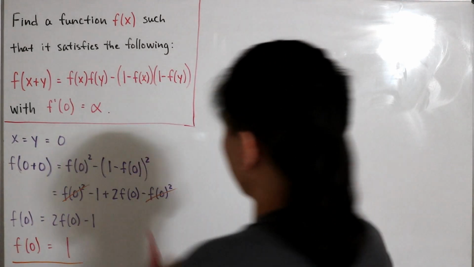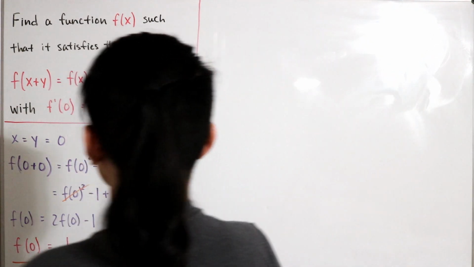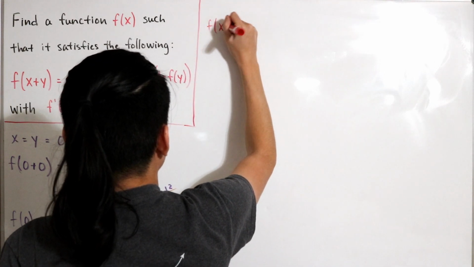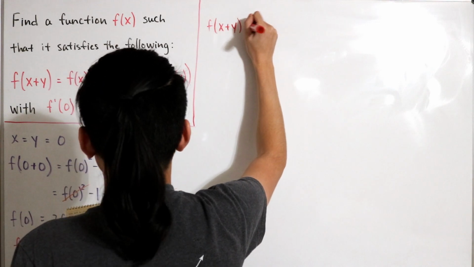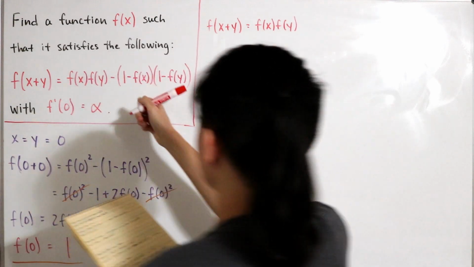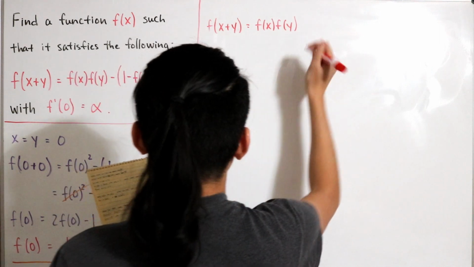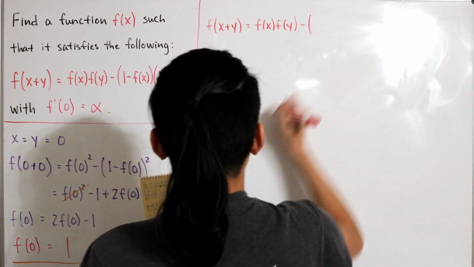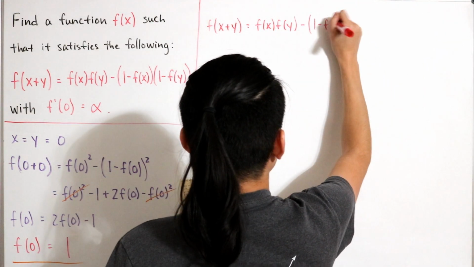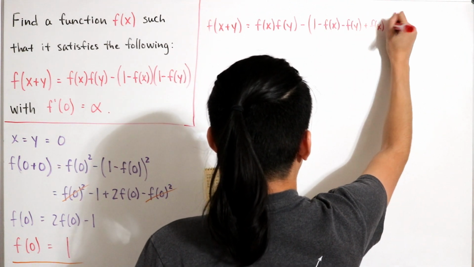Let's go back to our functional equation. The next thing to do is a little bit of expansion. Again, f of x plus y is equal to f of x times f of y, then if we expand this out using the FOIL method, we would have 1, then subtract f of x, subtract f of y, and then add f of x times f of y.